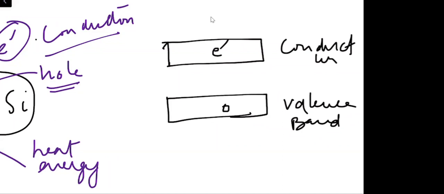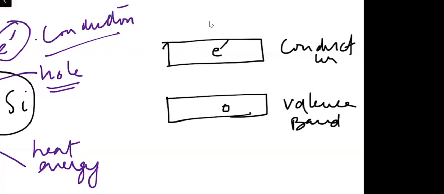Now, this creation of an electron-hole pair is the element through which, in the intrinsic semiconductor, some current can flow. And how can this be done?